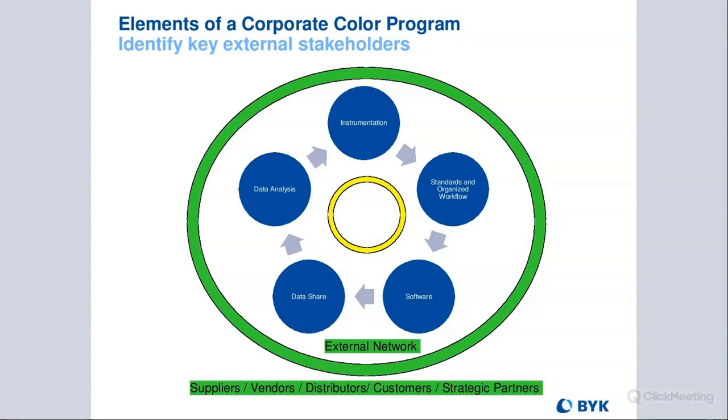So I would use a 45/0 geometry instrument for that. But we also have the profiler that measures texture, which is huge on the interior of the vehicle, because if your texture doesn't match, your color will never match. So it's very important.